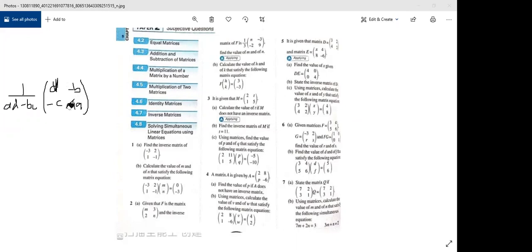So it times together, 1 over AD minus BC. For AD, the product of AD will be -3 times -1, so it becomes 3. Minus BC: BC is 2 times 1, so it's negative 2.